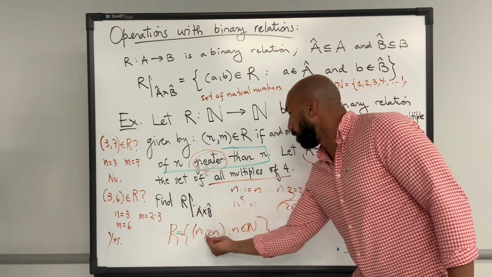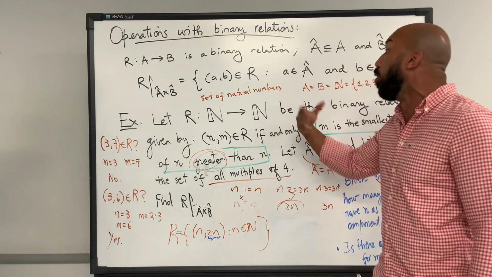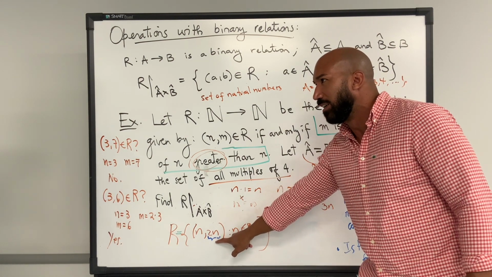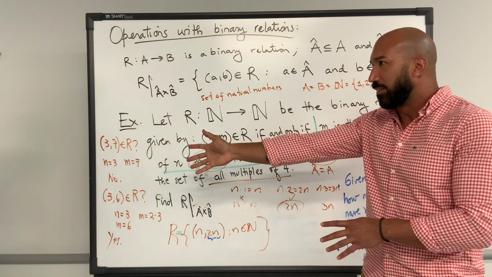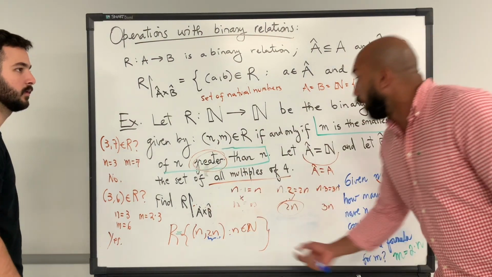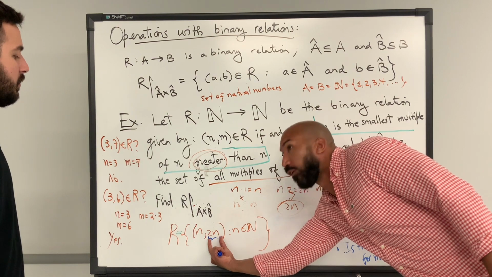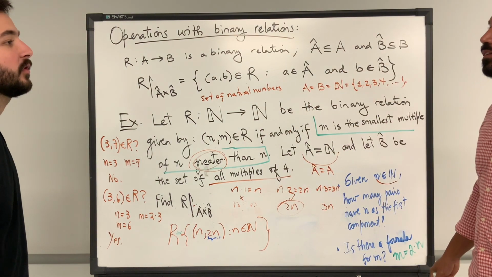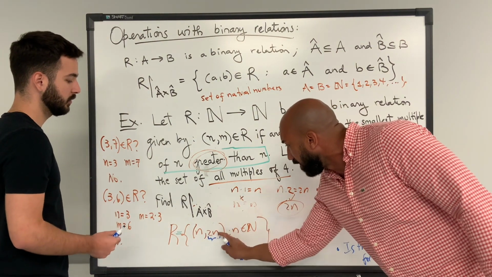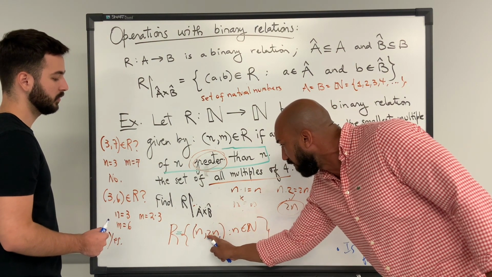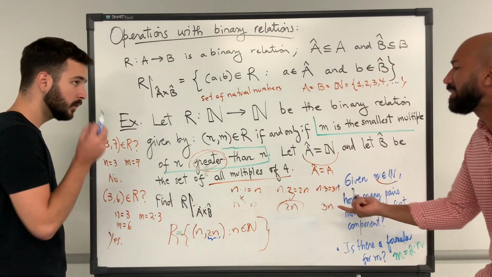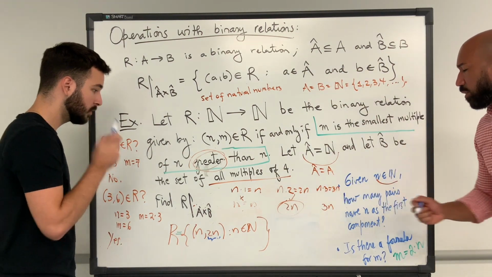No problem with the first component, but the second component must be a multiple of 4. But that second component is already even, so it's 2 times something. We need that second component to be 4 times something. So to get this as a multiple of 4, what do we need? We need 2 as a factor of n, so we need 2 dividing n, because if we can factor 2 out of n, with this other 2 that we have, we are going to get the 4 that we need. For example, what happens if n is 7? If n is 7, what is going to be that pair?